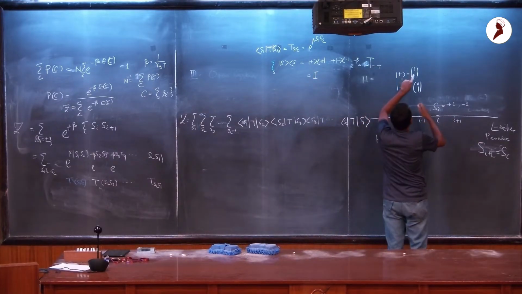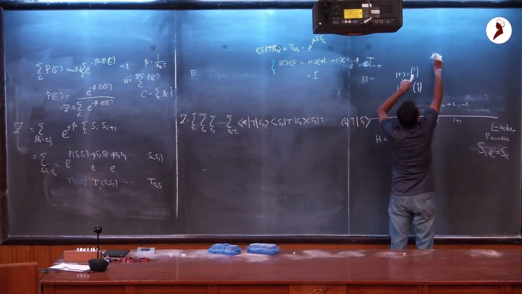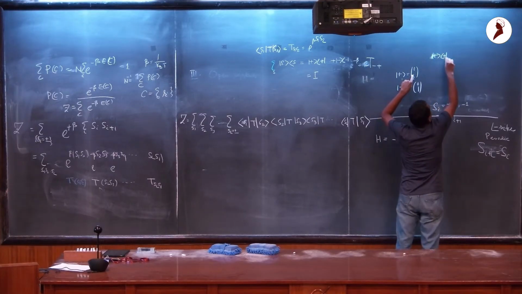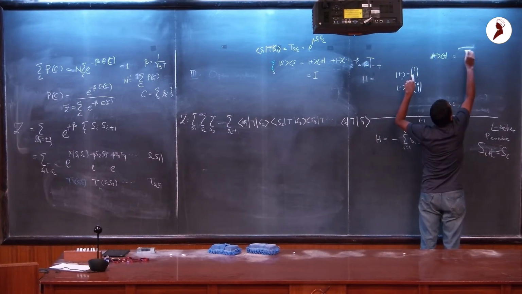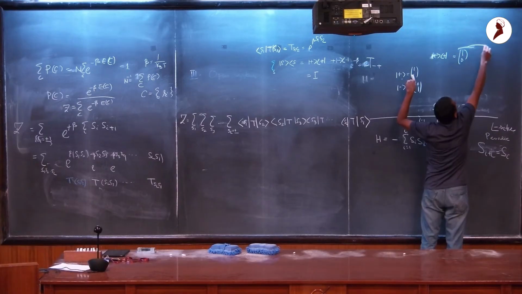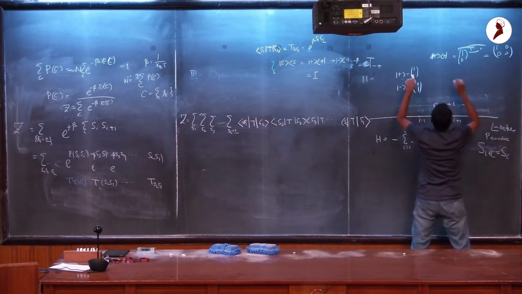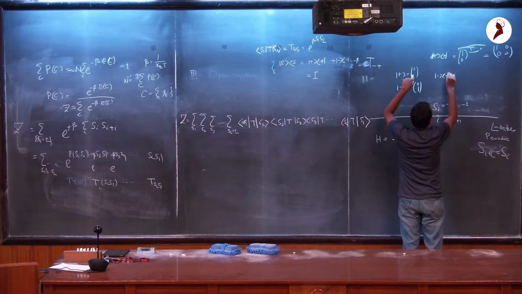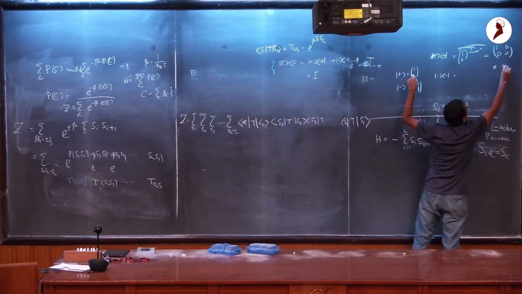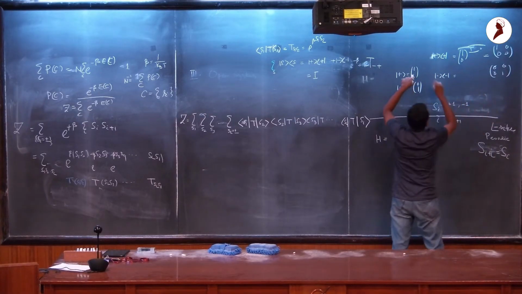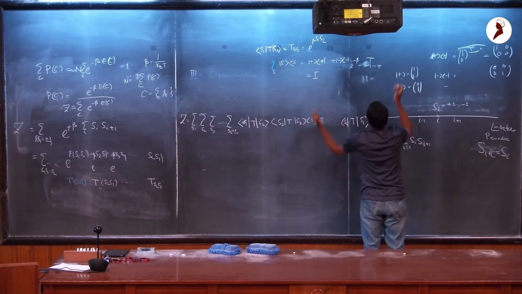Plus equals 1 0, so plus plus is 1 0 times 1 0, which gives the matrix 1 0 0 0. Similarly, minus minus equals 0 0 0 1. So plus plus plus minus minus equals identity I2.